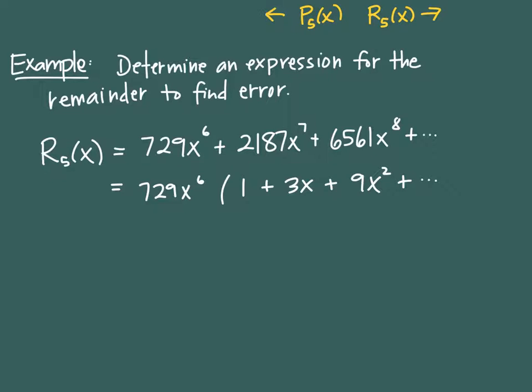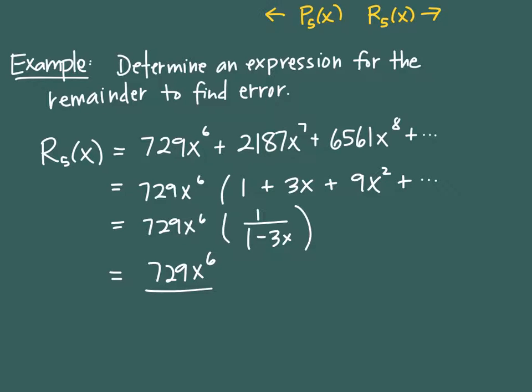And the original one came from 1 over 1 minus 3x. And so my overall remainder can be expressed as 729x to the 6th over 1 minus 3x. So that is your expression for the remainder, which is the same thing as your expression for error.